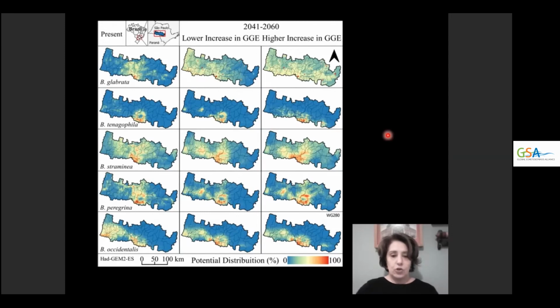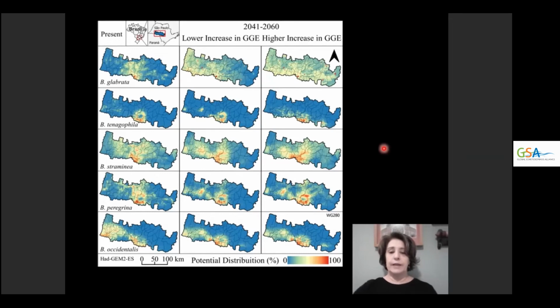They tend to maintain what we see today. And this kind of genetic poverty should drive the colonization of the species over the area in the next years. It's different from Biomphalaria glabrata.